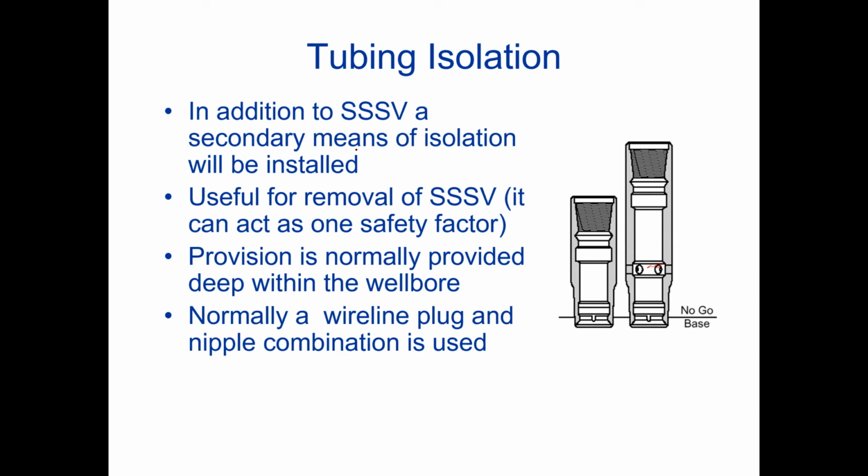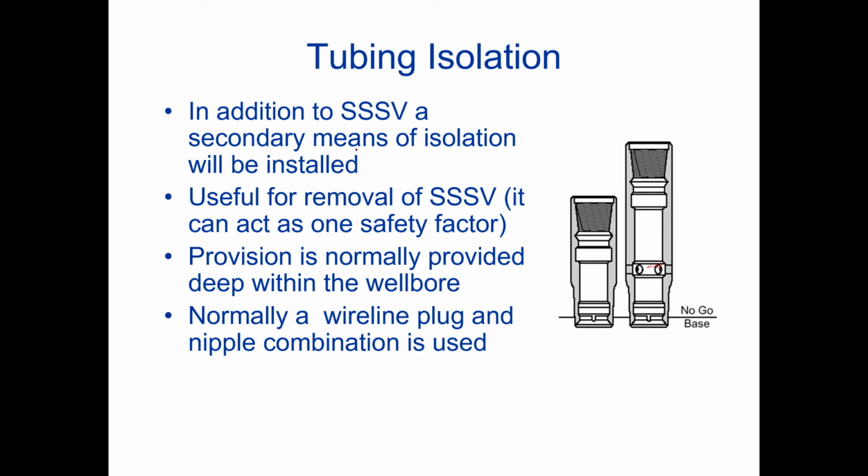And we use a wireline plug to open or close it. It has several applications. It can work as a safety factor for any operation in the oil and gas industry. We need to have two safety factors.